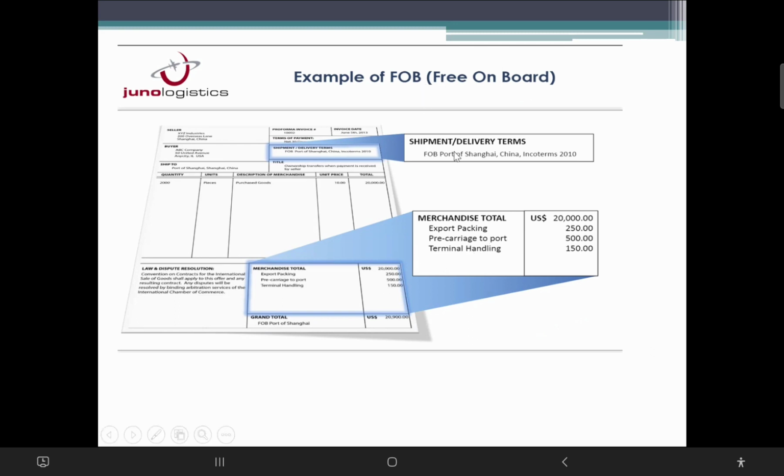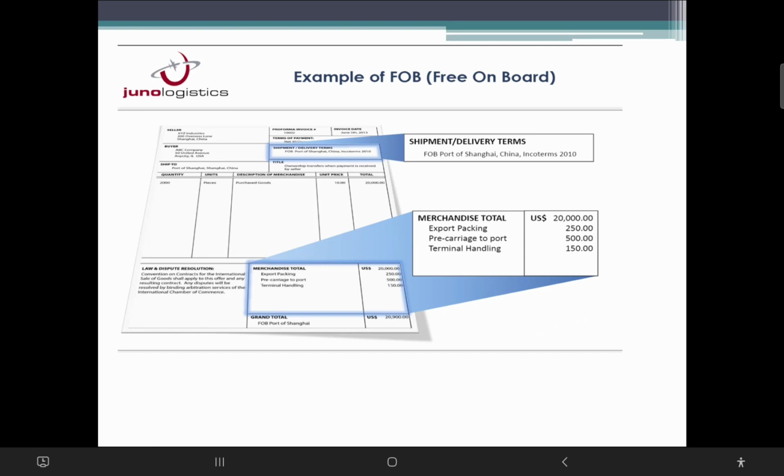Under FOB, freight collect, because the main carriage is paid by the buyer. At least the pre-carriage expenses from the beneficiary's factory until the port have to be borne by the seller. So the price looks like this, and then terminal handling charges.